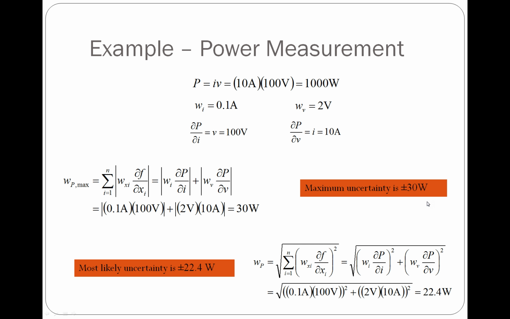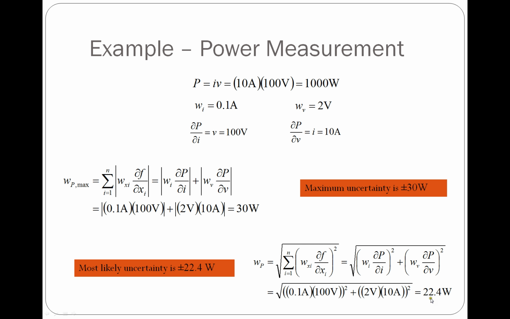We can repeat the same thing now using the most likely uncertainty estimate. The only difference here is that we're going to take each of these terms that we computed up here, and instead of taking the absolute value, we're going to square each of those values, add them together, and then take the square root of that total sum.